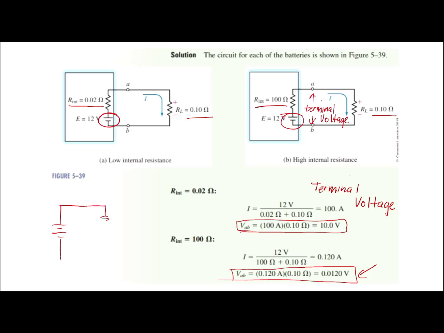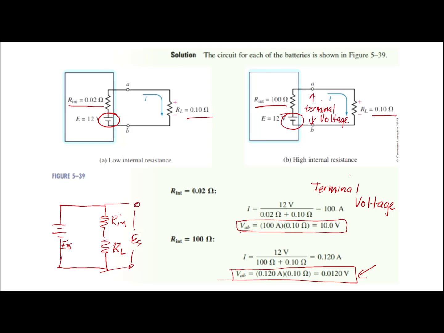So it means you have an R internal in series with an R load. RL means R load. And it means that whatever the value of ES is here, that's going to be the same value of voltage across here. This is where we're going to see ES voltage here as well.